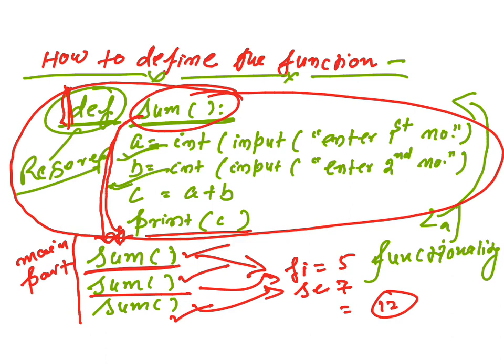There is no limit. But what is the benefit? This code will be written only once. It means this portion we have to write only once, and now we can call it again and again. So that's all. This is a small briefing about the function.